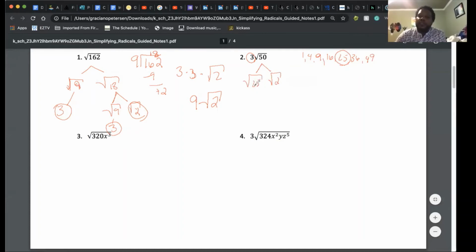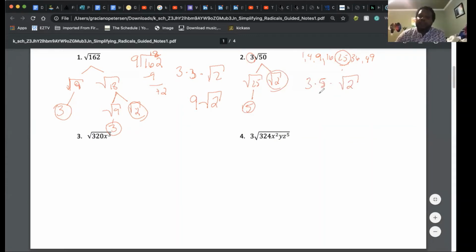What is the square root of 25? Well, what are the two factors of 25? Well, it's 5 and 5. So that means the square root of 25 is 5. So what do I have left? I have 3 times 5 times the square root of 2.